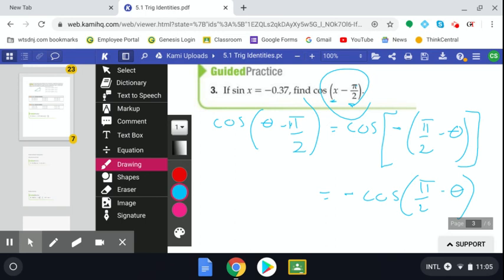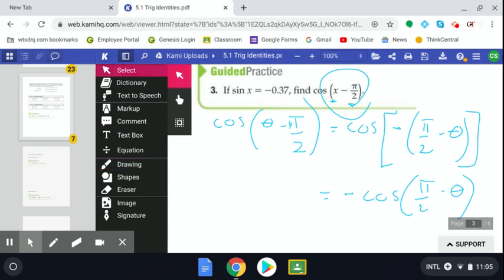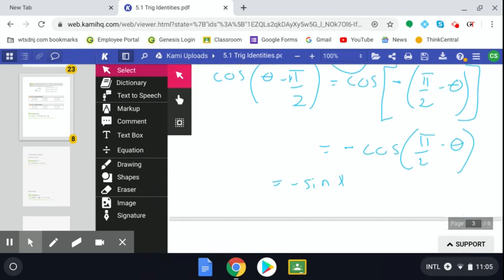So now moving on, I can say that this is going to be equal to negative sine x, which makes the value equal to positive 0.37.